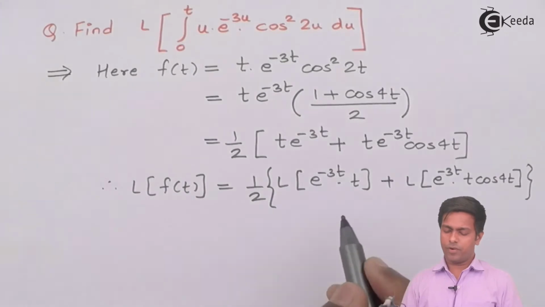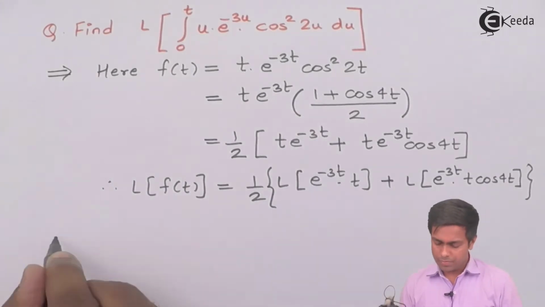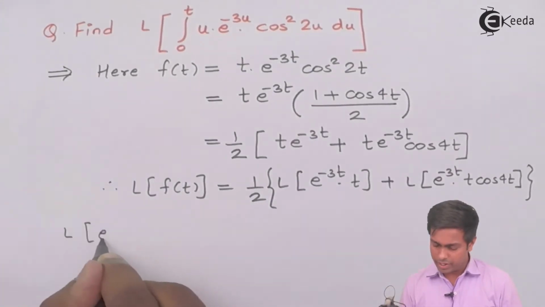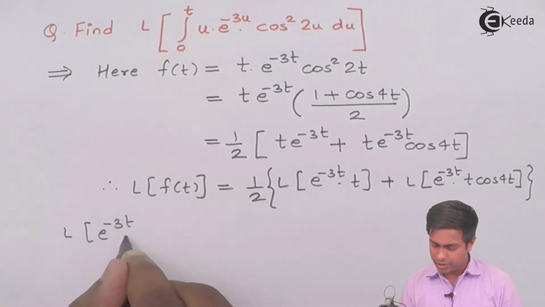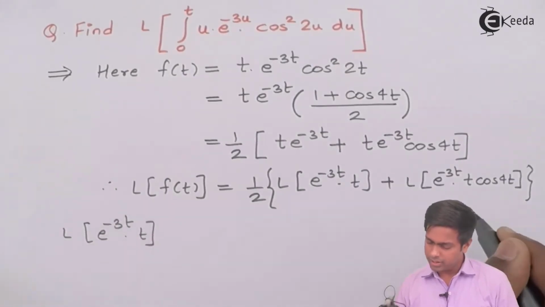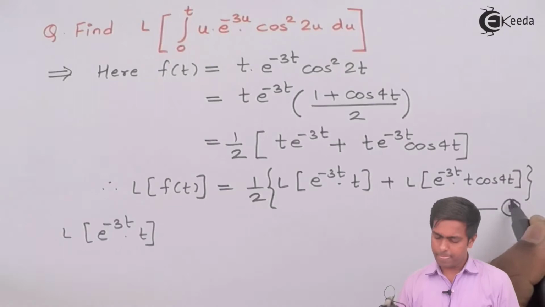Now let's solve first term. So Laplace of e to the power minus 3t into t.